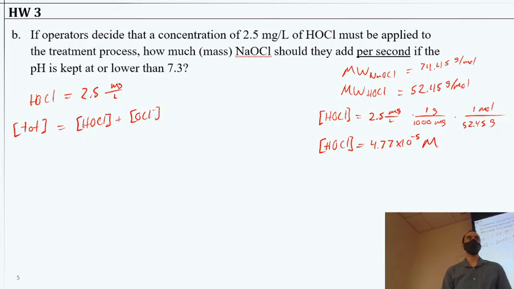From here, essentially, we need to find a way to get this into just HOCl terms, because we don't know OCl minus, but we do have HOCl. We could find literally the value here. That works too. I find it's convenient enough to make a substitution here.